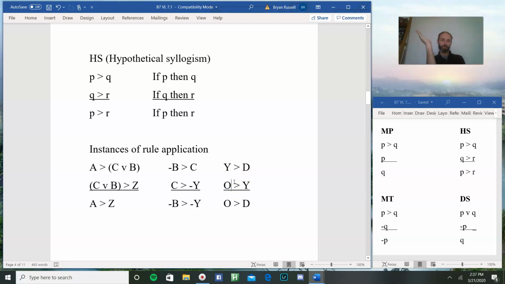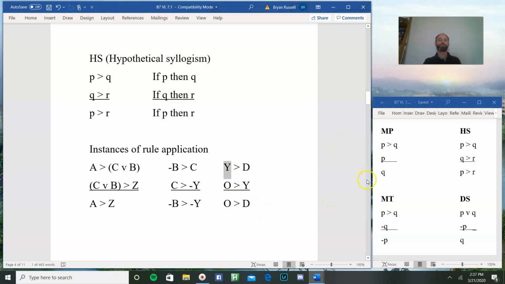We can cut out the middleman here and go straight from if O, then D. Because we know that if O then Y is true, and we know that if Y then D is true. So we can cut out that middleman, the Y, and go straight from if O, then D, because we have the consequent being the same as the antecedent. So we can cut those two out and carry down the rest, carry down the if O, then D.